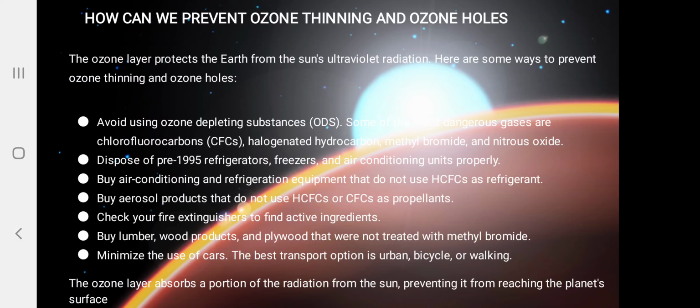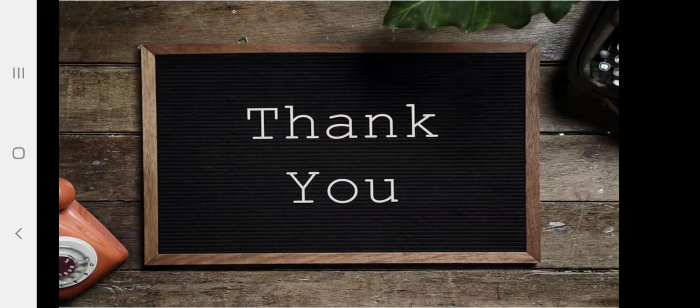Minimize the use of cars. The best transport option is a bicycle or walking. This would even keep you healthier if you cycle or walk, if the place is nearby. And wishing you a very happy World Ozone Day.